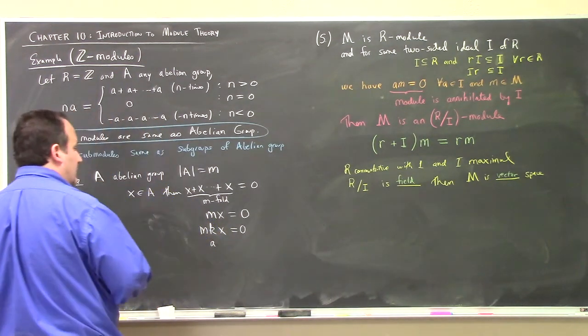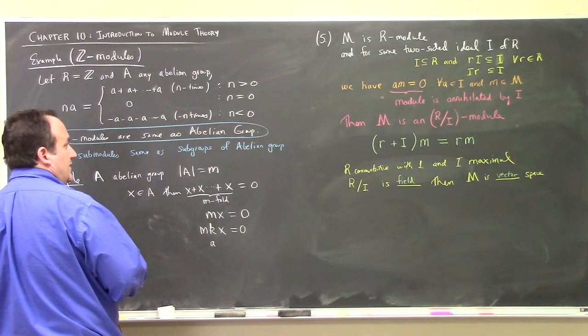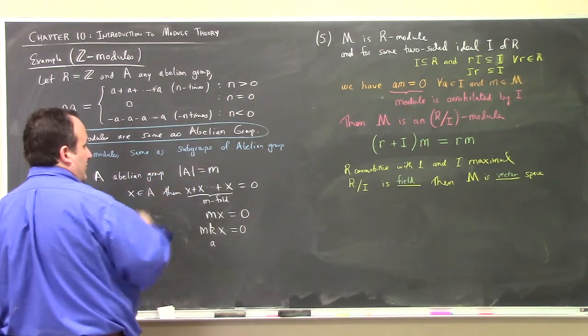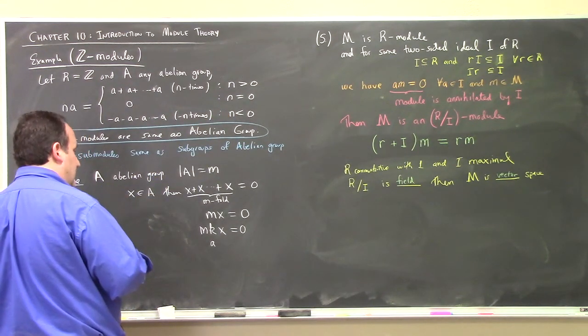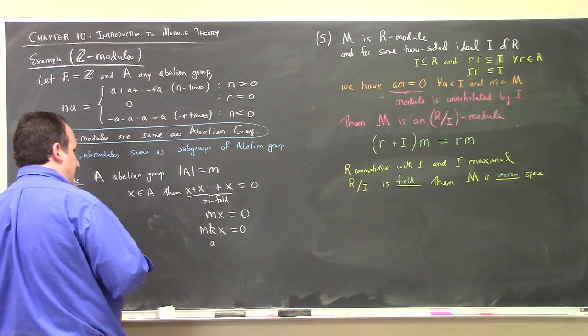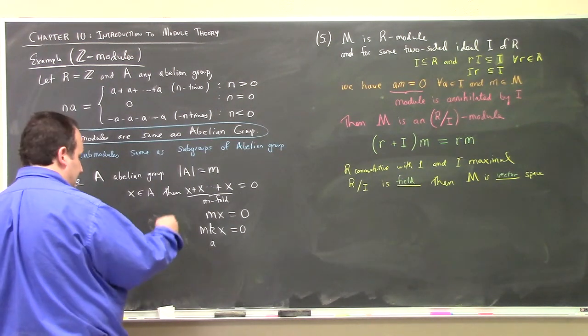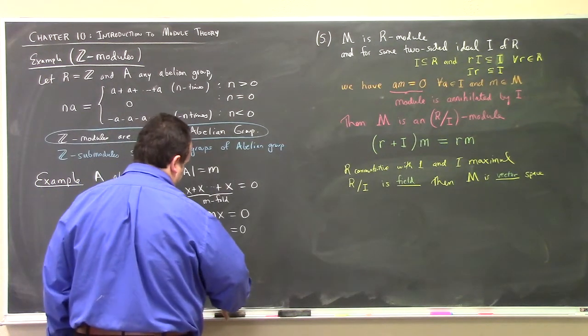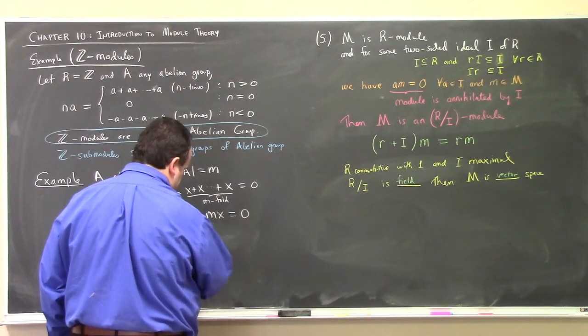Well, that's unfortunate. I've used m for a module element, and here I'm using it for the order of the group, and that notation is interfering with my presentation. Let me stay away from that. I'm just getting into a notational quagmire, so let me not try to expound this further.